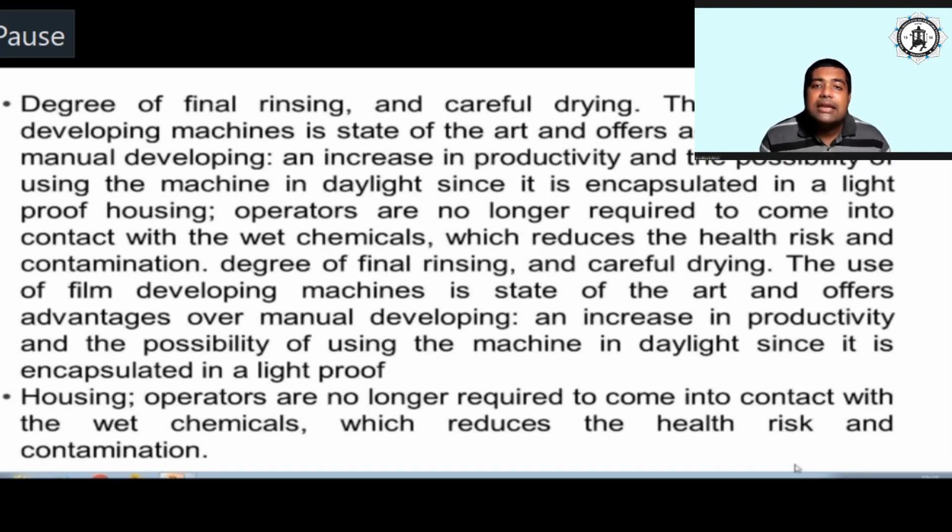However, in case of automatic film processors, what happens? There are machines where there are successive rollers. These rollers force the exposed film through, and there are development chemicals in different chambers.